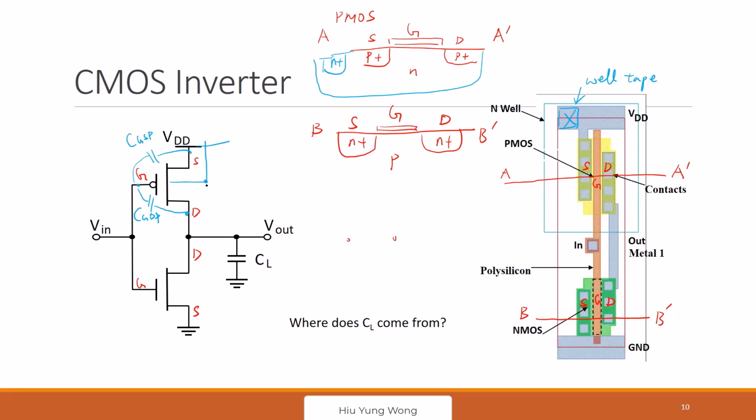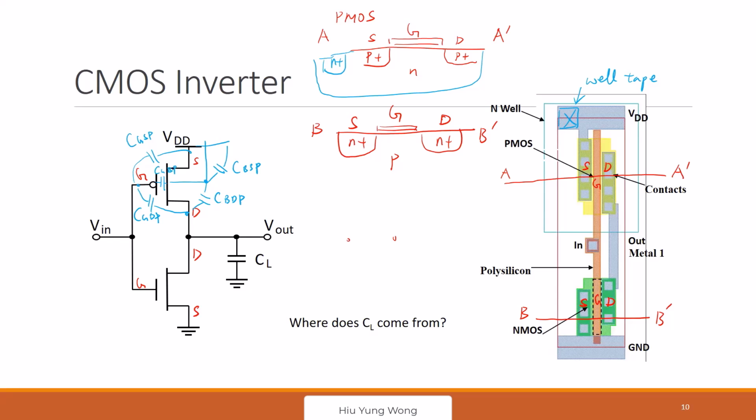So we have a body to drain, which is CBDP, also body to source, CBSP. Of course, we also have a channel capacitance, which is CGBP. Is this okay? We have 5 capacitance.